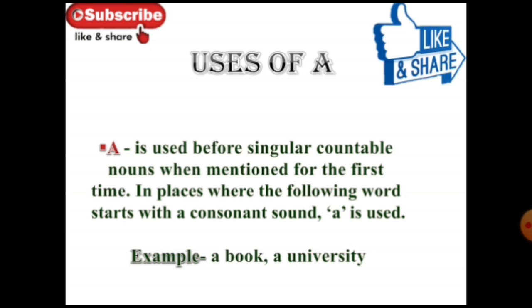Example: a book, a cat, a university. Now see, you will say that U is a vowel. Vowels are A, E, I, O, U. The U is a vowel, but here the pronunciation of U is not that of a vowel.